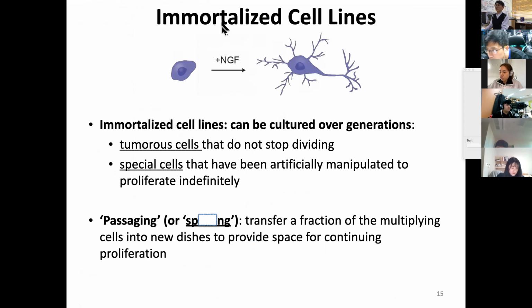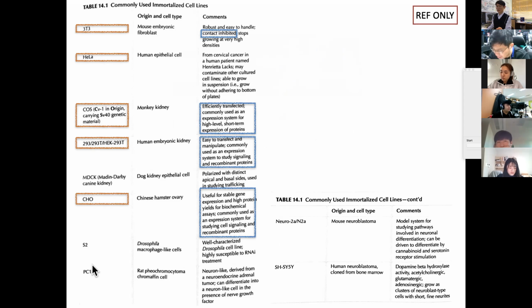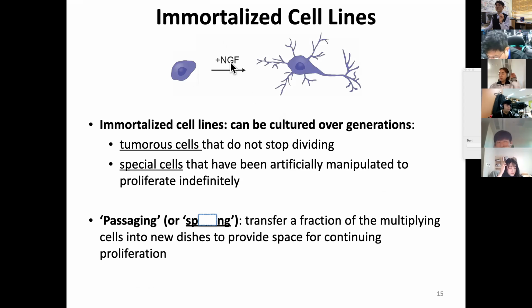Okay, so what do I mean by immortalized cell lines? Some cells, like the previous PC12 cells, we add nerve growth factor, then the cell looks like a neuron, and it's immortal. So that's easy to work with in neuroscience, right?